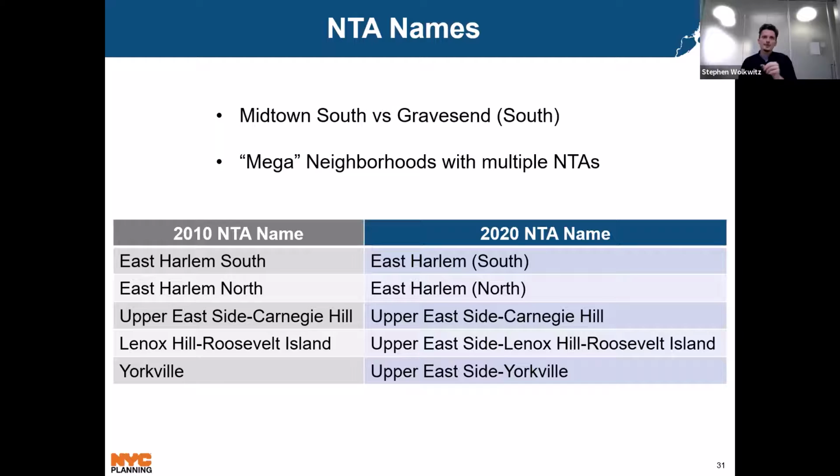You may grab that and think you're getting data for the entire Upper East Side and not be aware that you're missing out on the other NTA parts of the broader Upper East Side: Lenox Hill, Roosevelt Island, and Yorkville.